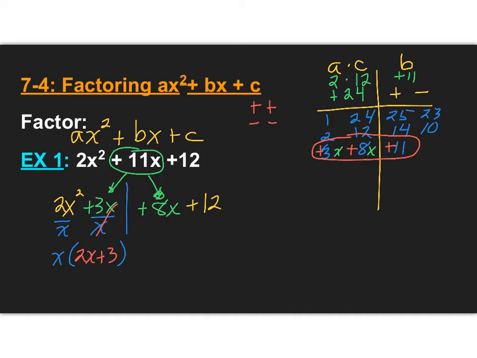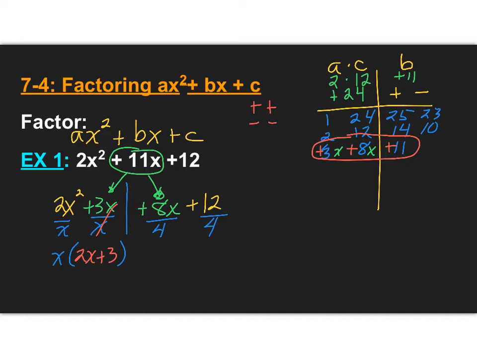Then, theoretically, what's inside the parentheses here should be what's inside the parentheses on this side. So let's find the GCF of 8 and 12. So both 8 and 12, the biggest number you can divide into those is 4. And they do not both have an x in common. 12 doesn't have an x, so they don't have a variable in common.